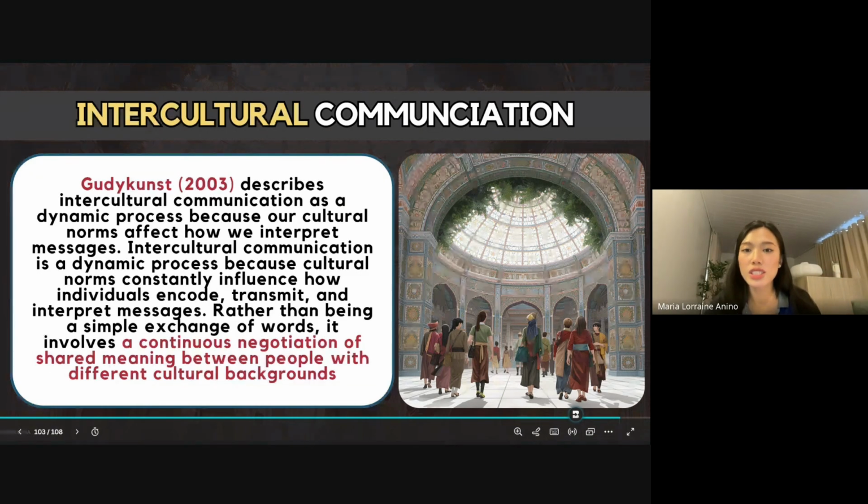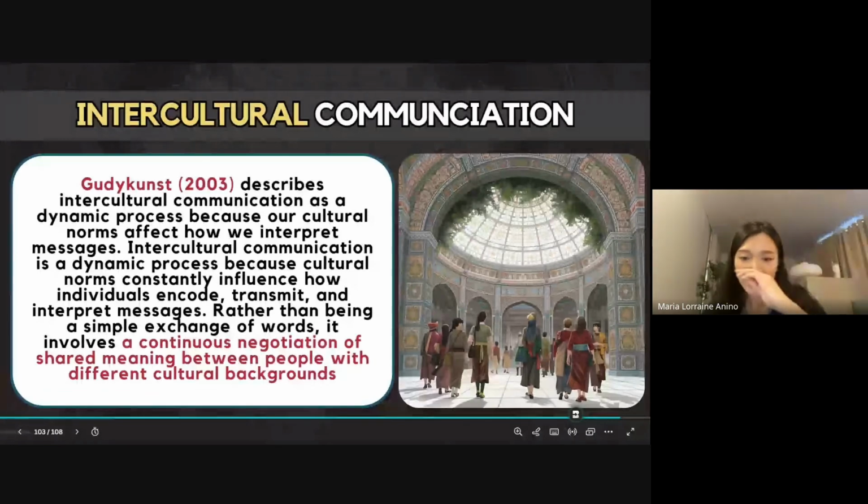Again, what I mentioned, the gestures, tone, whatever is involved in nonverbal, even the distance when we keep talking. So that is why intercultural communication goes beyond being respectful. It's about being aware of both verbal and nonverbal language or communication styles.